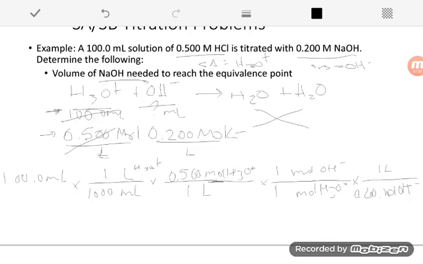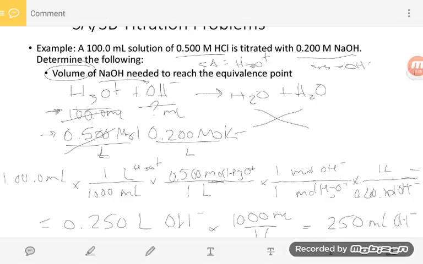And I asked for volume, that's exactly what I got, so now I can just plug this into my calculator, and I see that I get 0.250 liters of my strong base. Personally, because we were talking about milliliters, I like to convert this back to milliliters, so I just keep in mind there are 1,000 milliliters in a liter, so I see that I'm going to need 250 milliliters of the base to reach the equivalence point.